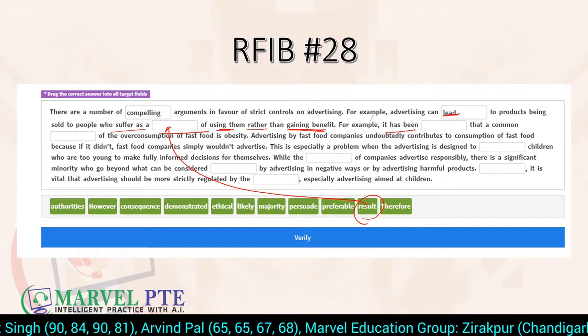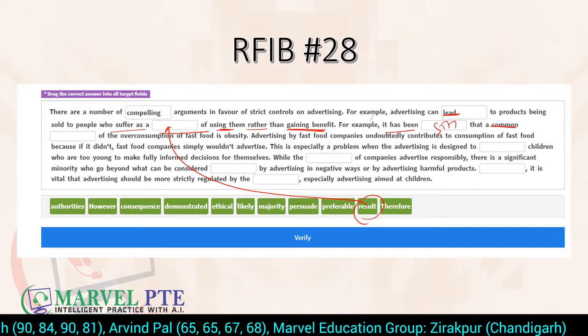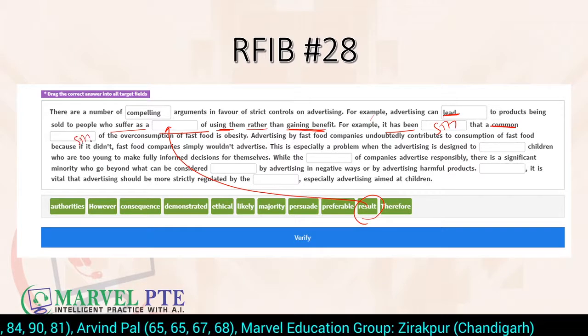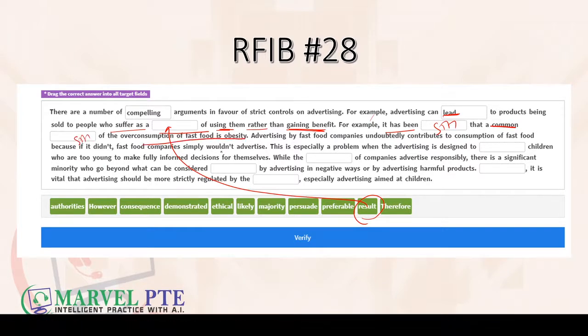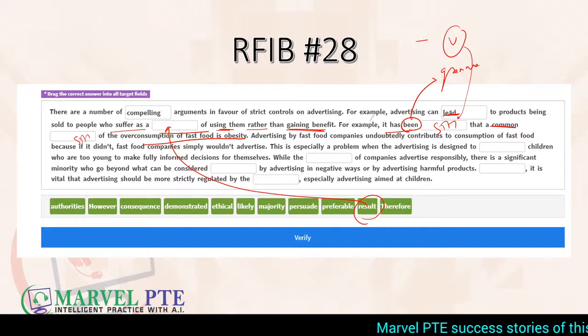For example, it has been something that a common something of the overconsumption of fast food is obesity. Now again we are going to use a grammar rule. You have been doing this, you have been eating this, it has been shown, it has been done. So we get the idea, a verb will come over here. We are quickly going to eliminate everything else except verbs.